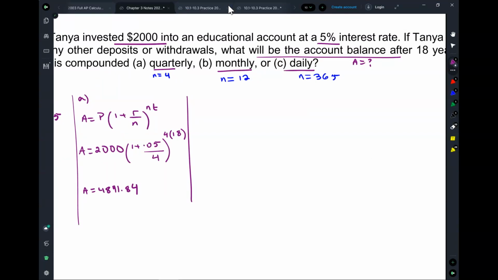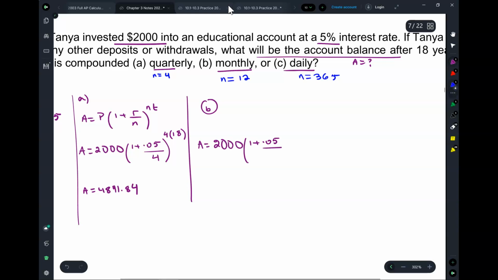So we're going to rewrite it for part B. A is going to be 2,000, 1 plus 0.05 over 12 this time, to the power of 12 times 18. Please show me this step, and then you don't have to do any more.